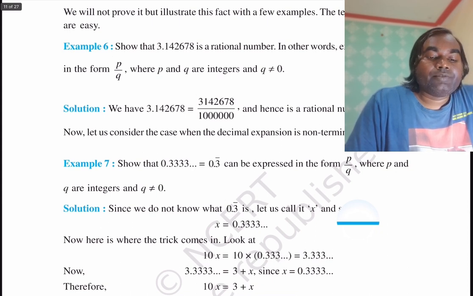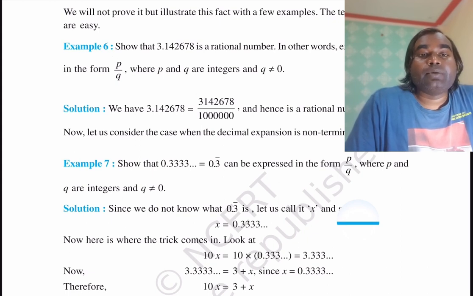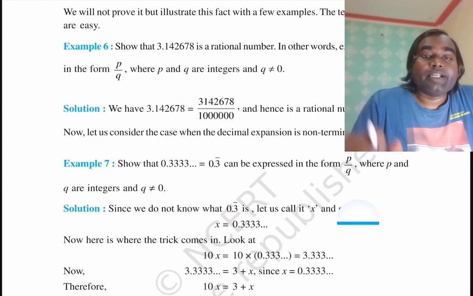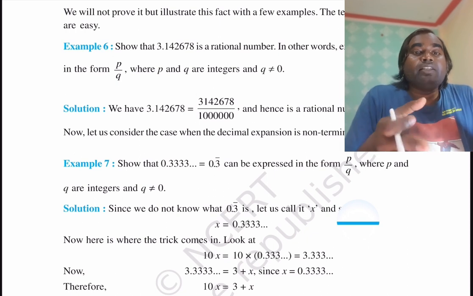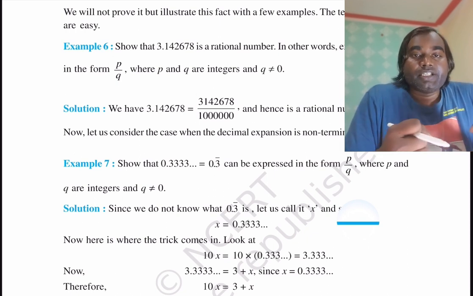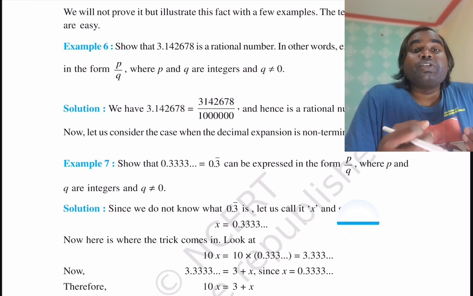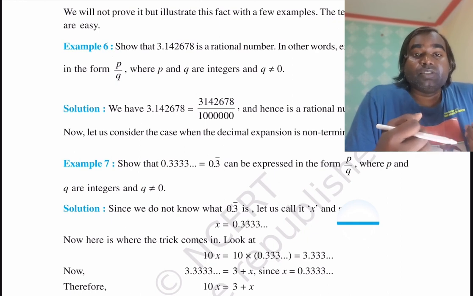So if you want to write back from the decimal expansion to the rational number, how can you do that? There is a certain way to find the rational number in terms of the ratio p by q, where q is not equal to 0 and p and q are integers.